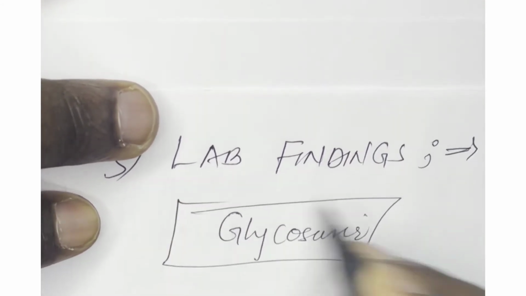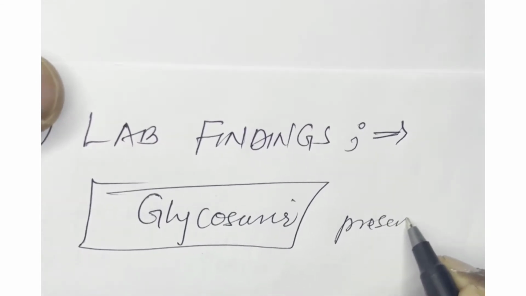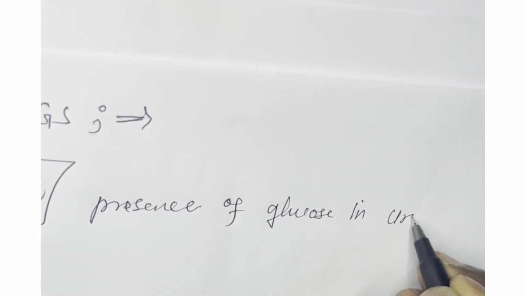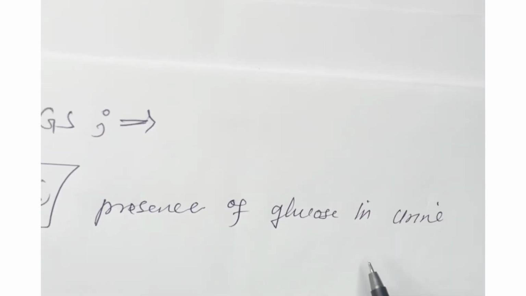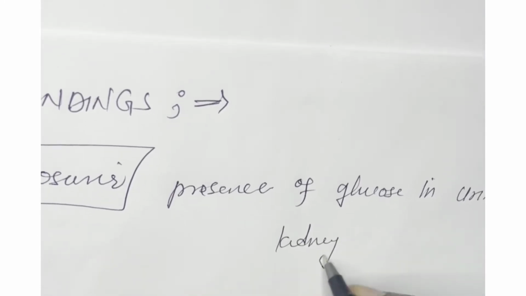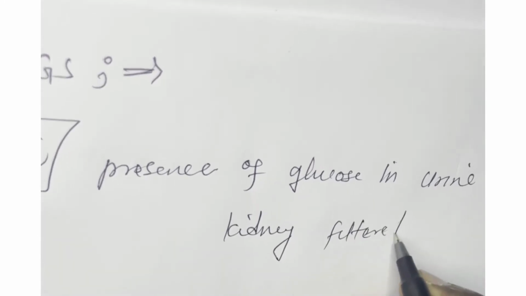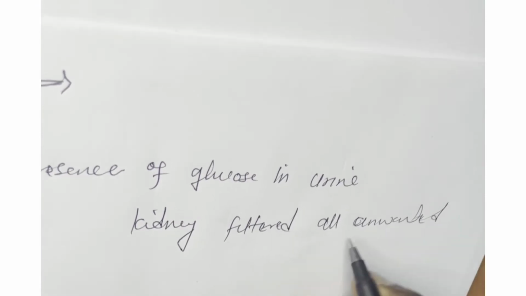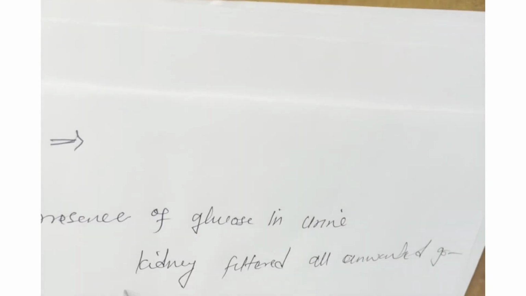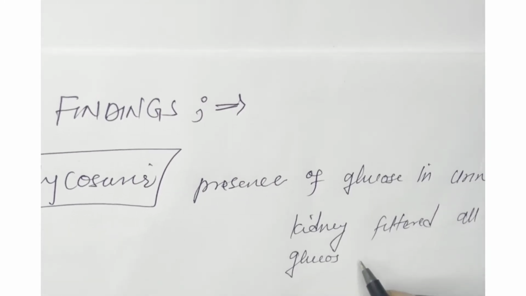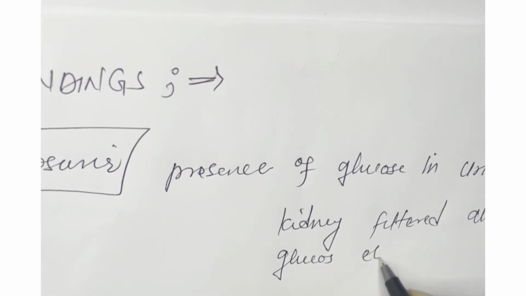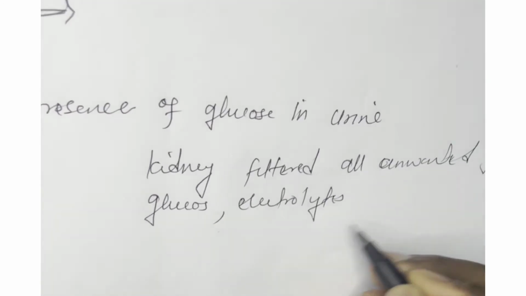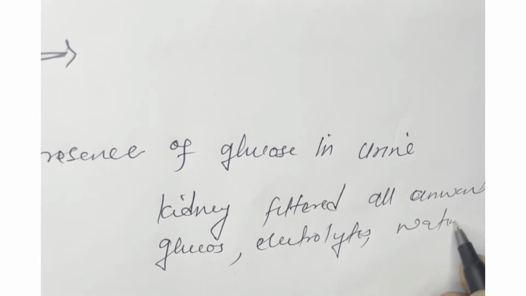Glycosuria is nothing but the presence of glucose in urine, which happens when the kidney filters all unwanted glucose, unwanted electrolytes, and unwanted water to produce urine.